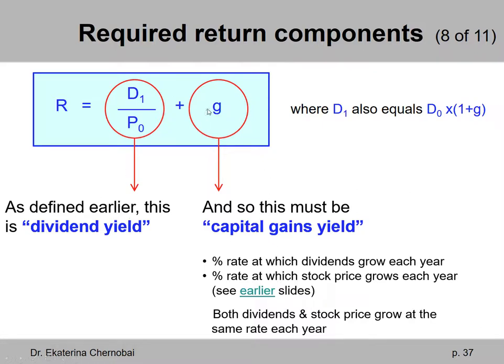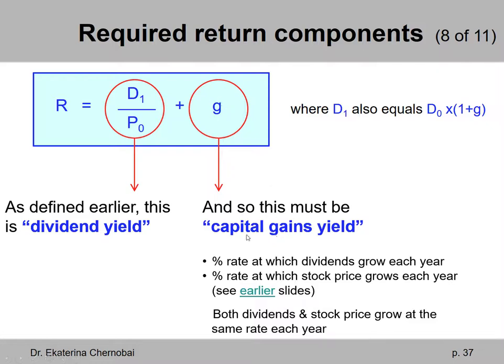The second one is maybe surprising, because what did we originally mean by lowercase g? That was the rate at which the dividends grow every year. But now we are seeing that that's not just the rate of growth in dividends every year. It's also the capital gains yield.